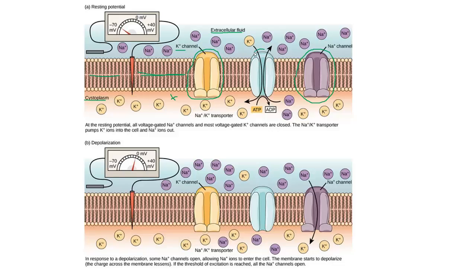This blue transmembrane protein here is a very important transmembrane protein. It is the sodium-potassium ATPase, the sodium-potassium pump. Now, if you were to stick an electrode, which is nothing but a needle that is inserted into the plasma membrane and connected to a voltage meter, you could read the voltage.